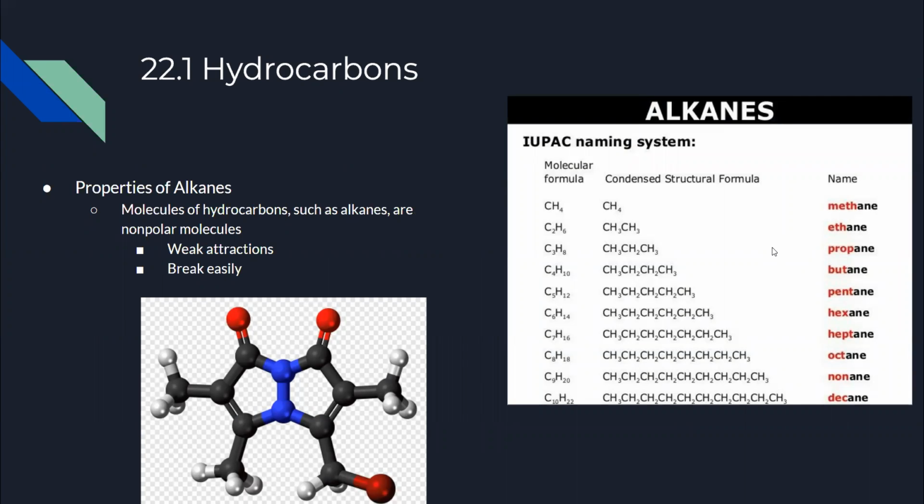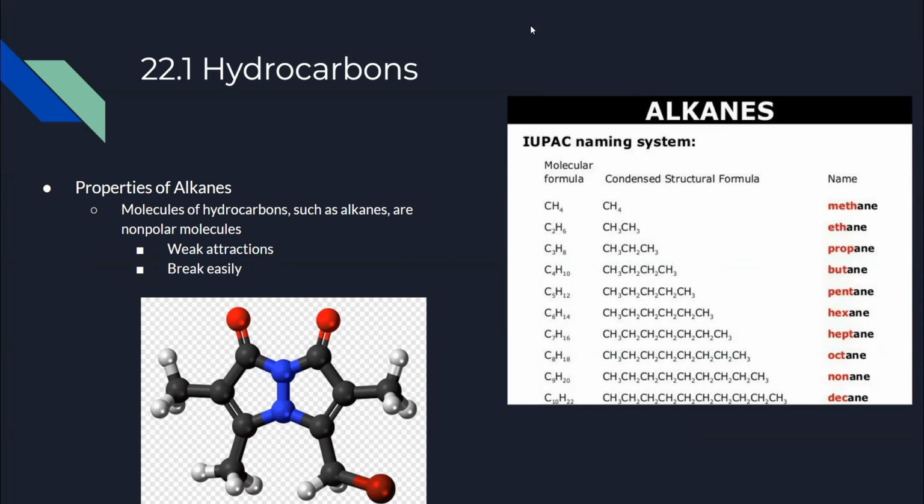So you also have the properties of alkanes. Molecules of hydrocarbons such as alkanes are nonpolar molecules. These nonpolar molecules have weak attractions between the other particles, so they can break their attractions easily, which changes their state from a liquid to a vapor.